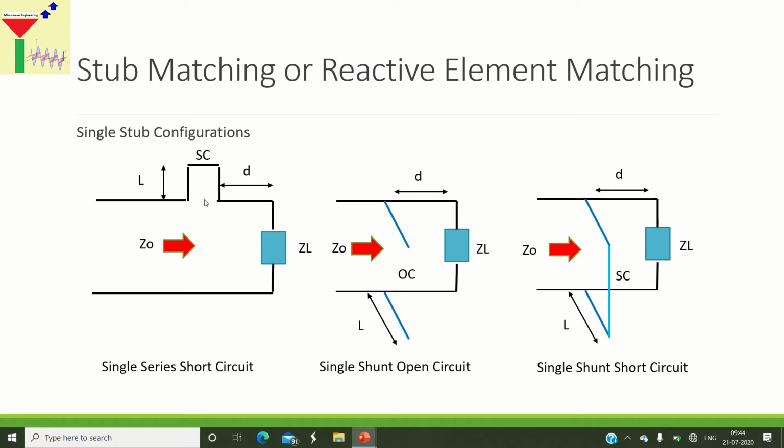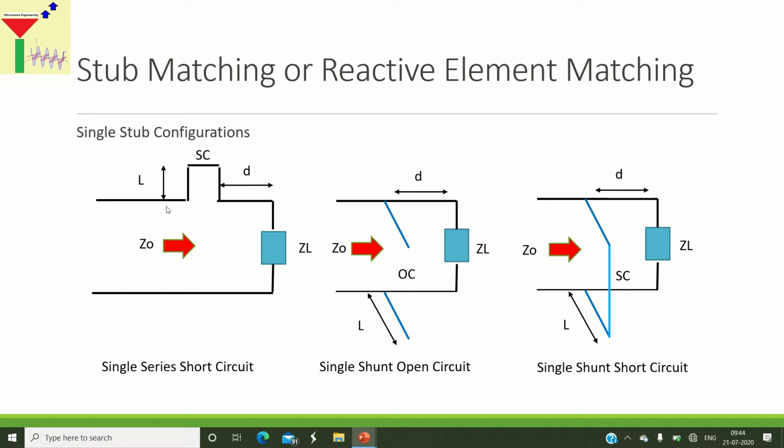Here, if you observe, what I did is I cut the transmission line, and in between the transmission line I inserted a piece of a transmission line. This piece of transmission line is short circuited at the end. SC here stands for short circuit.